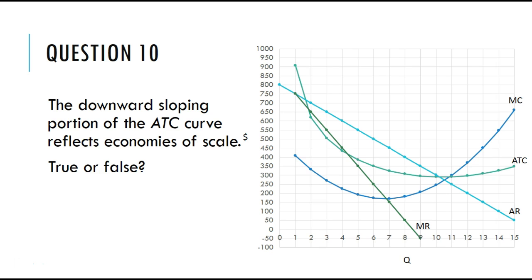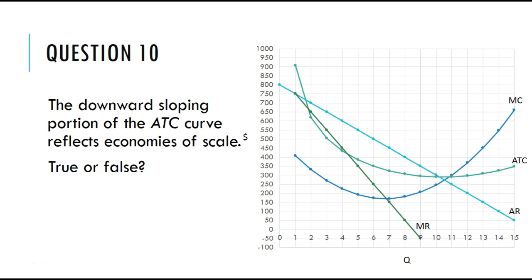In question 10, the downward sloping portion of the average total cost curve reflects economies of scale. So when the curve is downward sloping like this, that's reflecting economies of scale. True or false? False, because economies of scale apply in the long run, not in the short run, by definition.